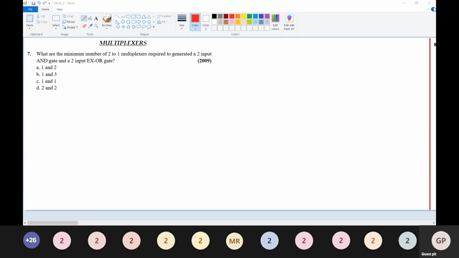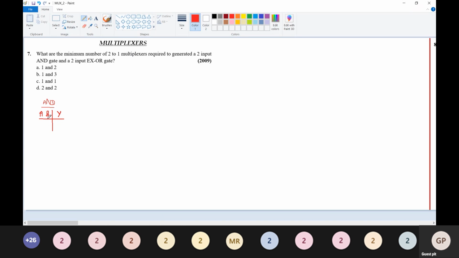First we'll start with the truth table for the AND gate. The truth table for the AND gate is A, B, and output.